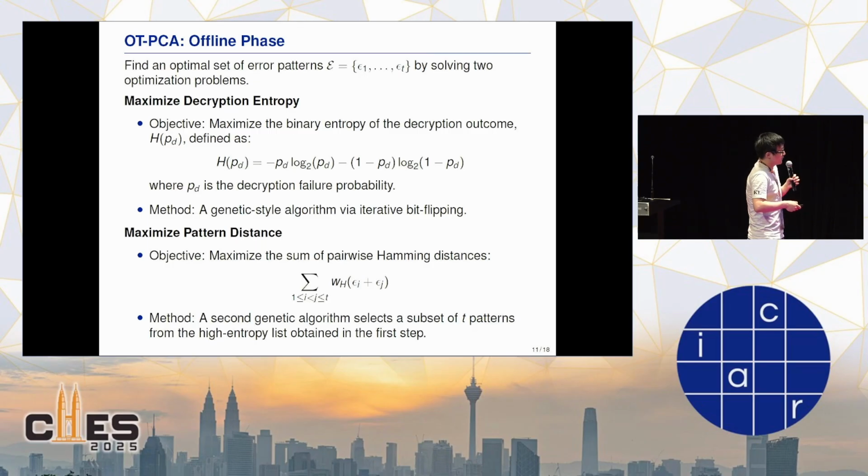So what we do is maximize the sum of pairwise Hamming distances. We implemented this optimization, but actually found that it is not that necessary because it has a minor effect on performance. I think the reason is that the pattern is of size 384, so it's a rather large dimension.